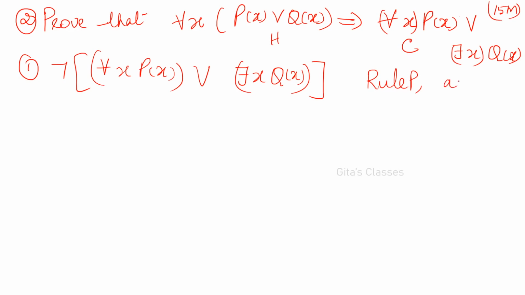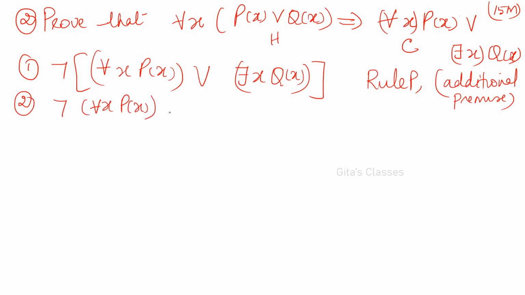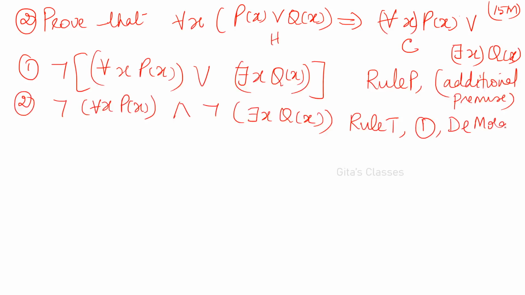You have to write this as additional premise. So next step number 2, take the negation inside. So negation of for all x, p of x and negation of there exists x, q of x. Using rule T, in step number 1 I have applied De Morgan's law.